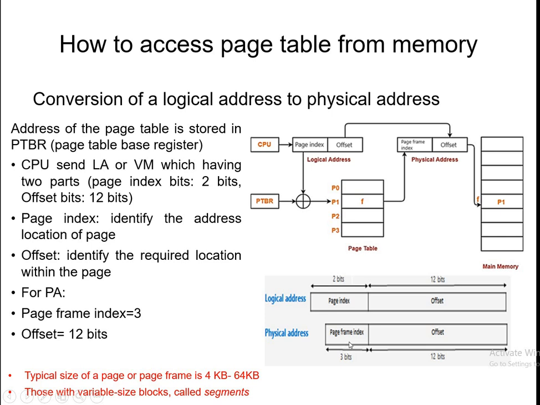That is why 3 bits are required to assign the frame number, or frame address, to each and every frame of the main memory. So for the page frame index, 3 bits are required, and the offset will again be similar, 12 bits. By using this method, we can convert a logical address into a physical address.